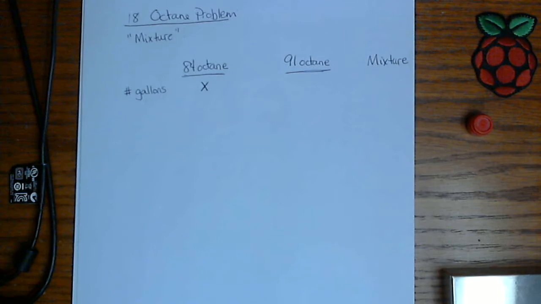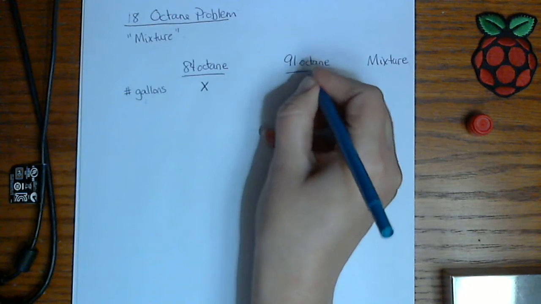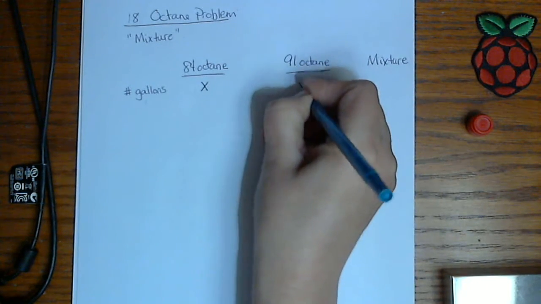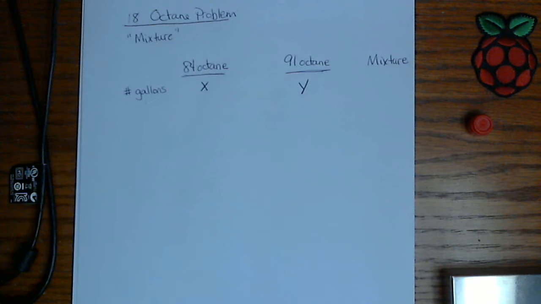And it also tells us that the wholesaler has 91 octane gas, and we're going to say that's Y gallons of that. Okay? So the first thing again is to write an expression for the number of gallons of octane in the mixture.